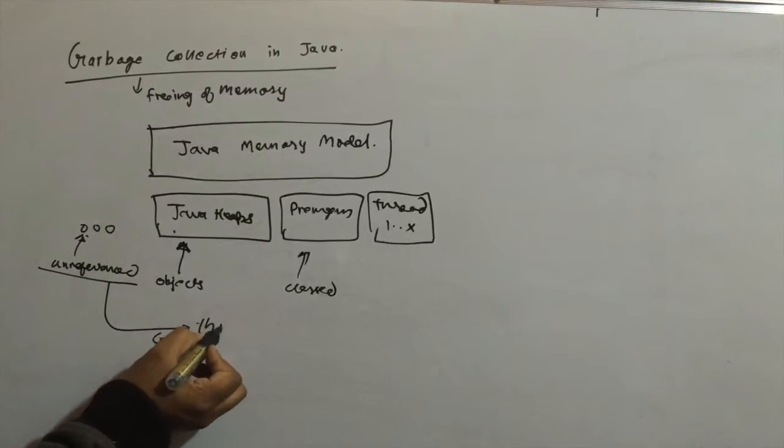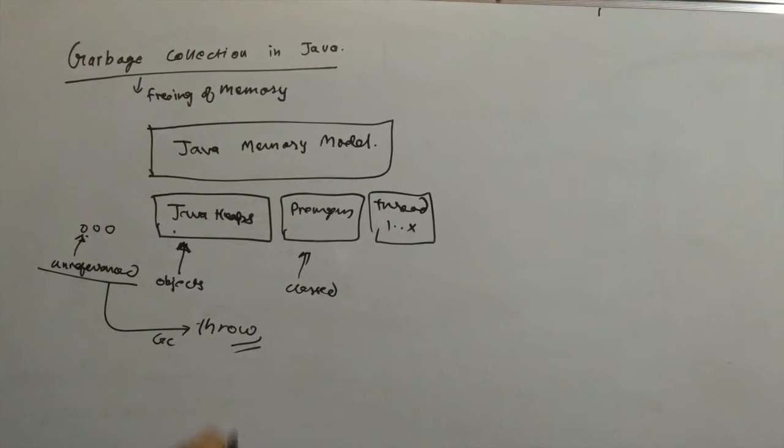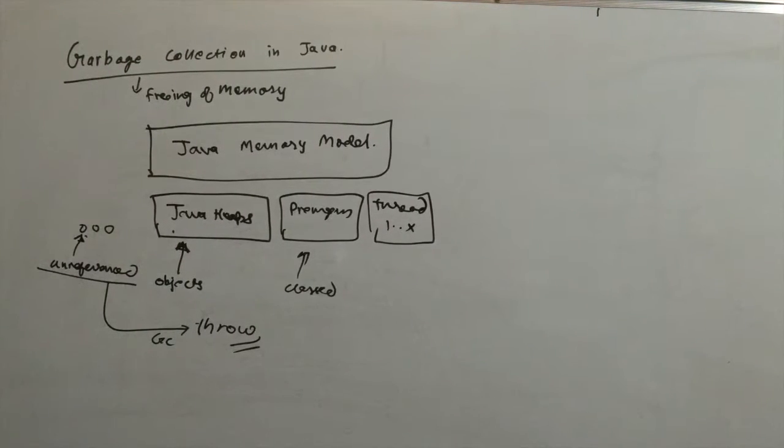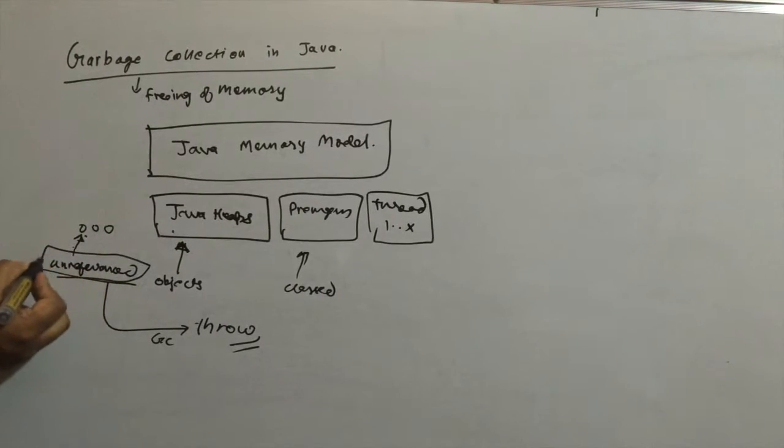So the garbage collector does the process automatically, but it needs to know whether the objects are in use or not. And it identifies whether objects are used or not by detecting that objects are unreferenced.